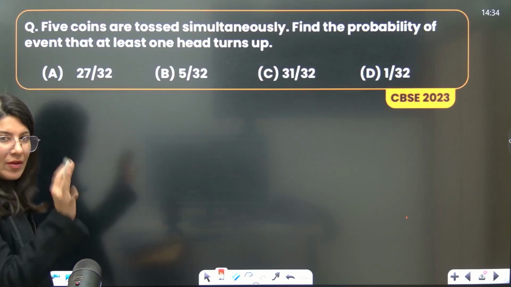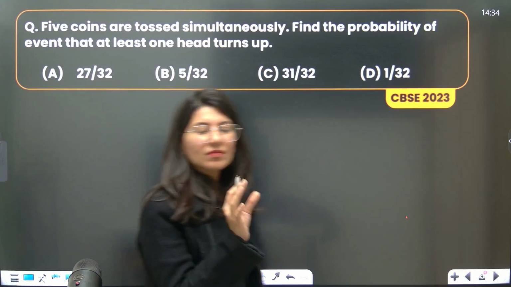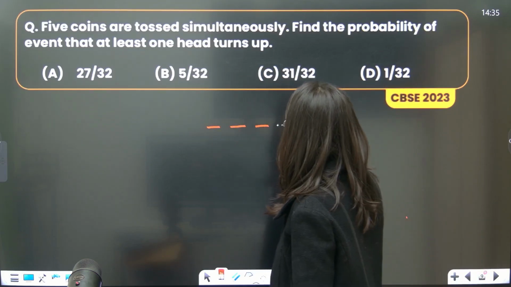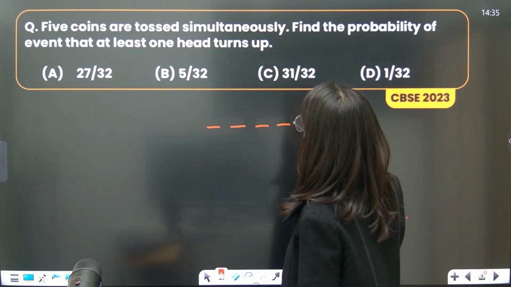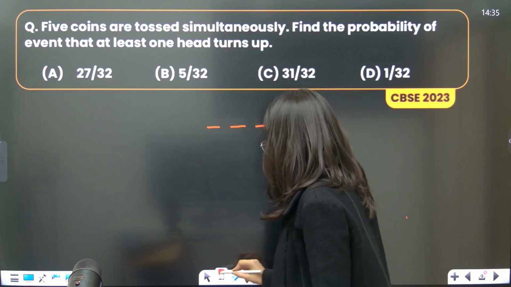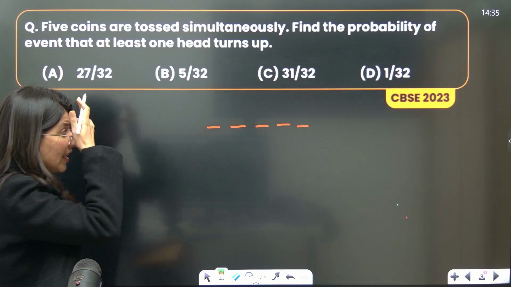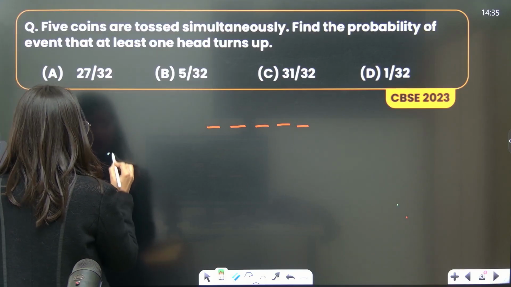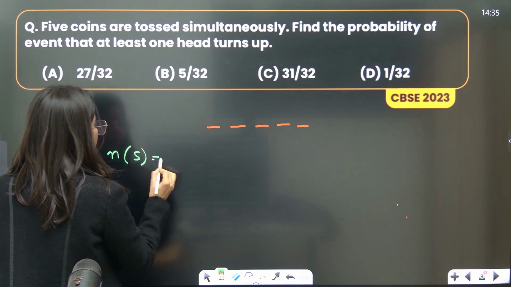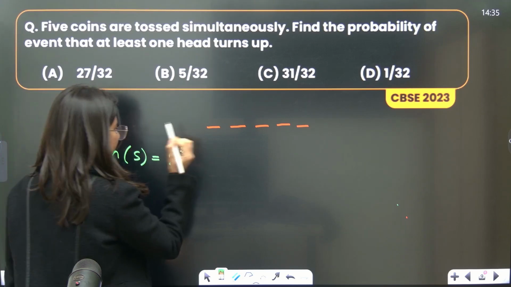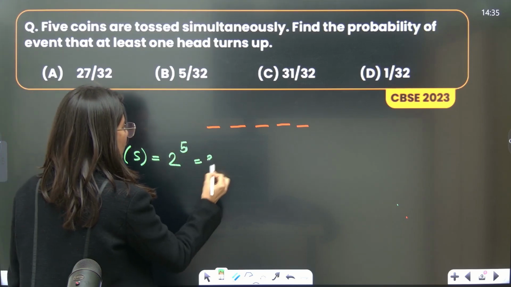Now just tell me one thing, that 5 positions are there, 1, 2, 3, 4, 5. The number of total outcomes will be 2 raised to power 5, that is 32.